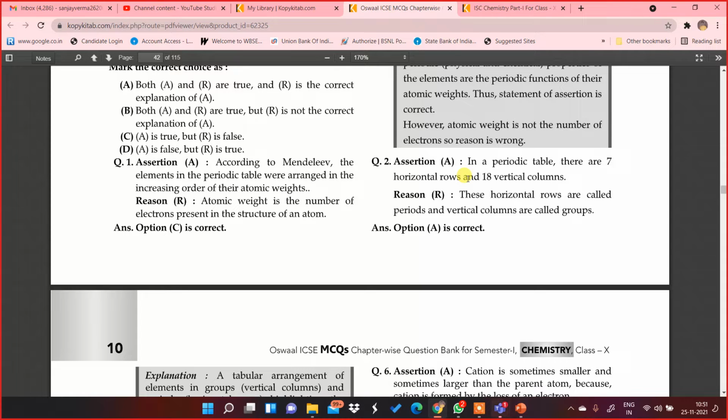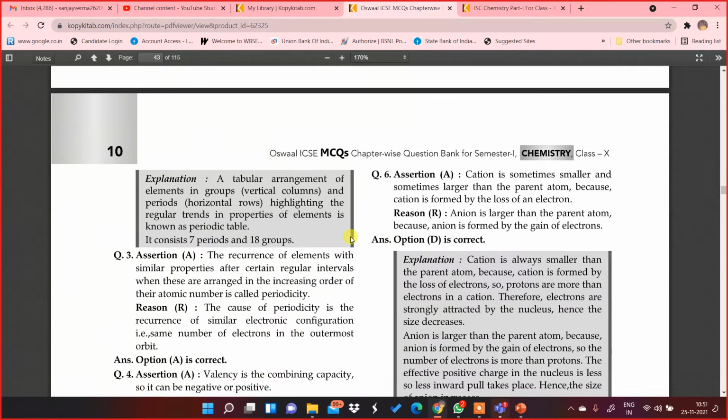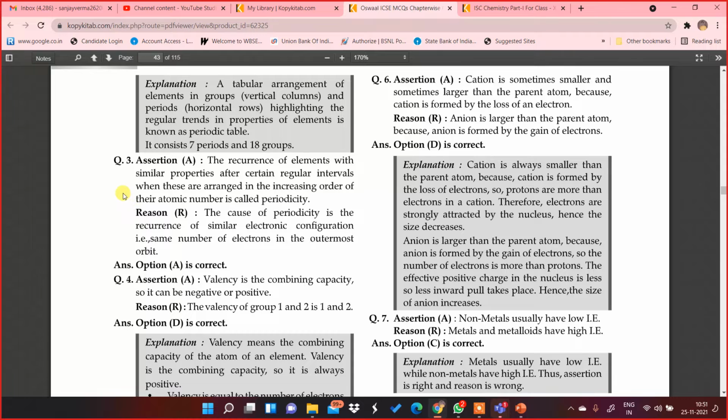Now moving to the next question. Question number 3 on the next page. Assertion A: the recurrence of elements with similar properties after certain regular intervals, when these elements are arranged in the increasing order of the atomic numbers, is called periodicity.